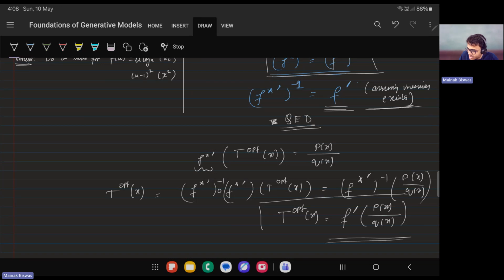So my optimal t function that I want to learn is the derivative of the conjugate function and the ratio of the ratio.